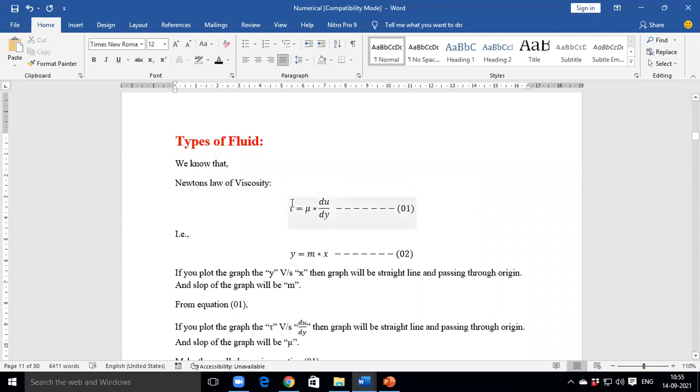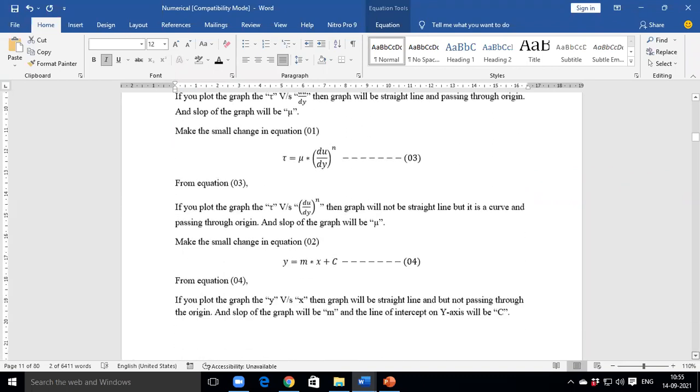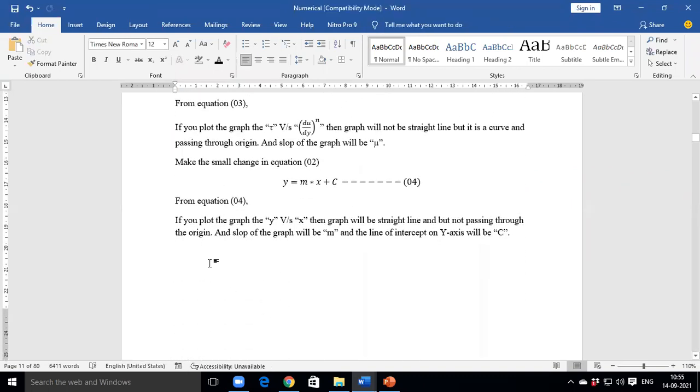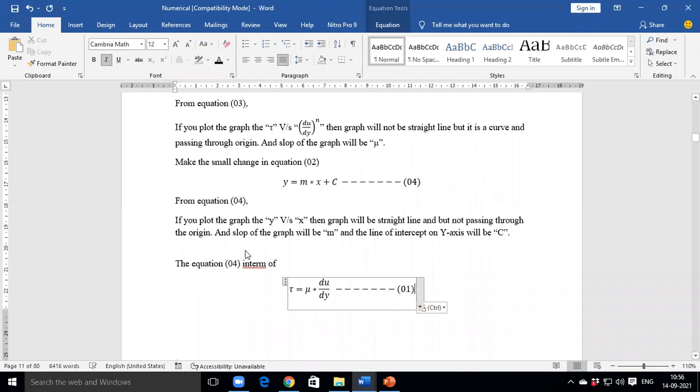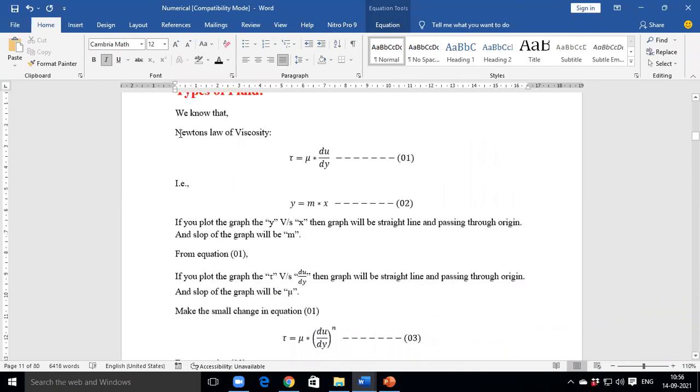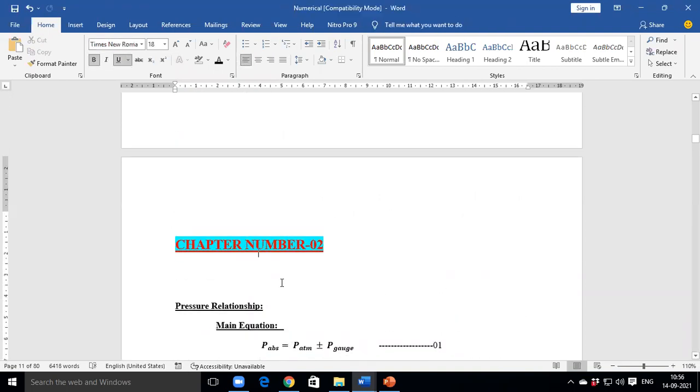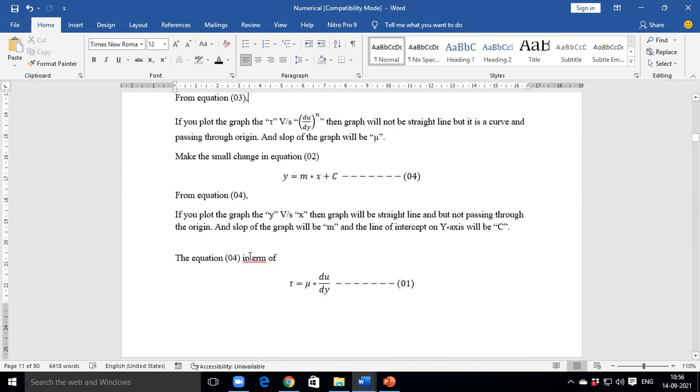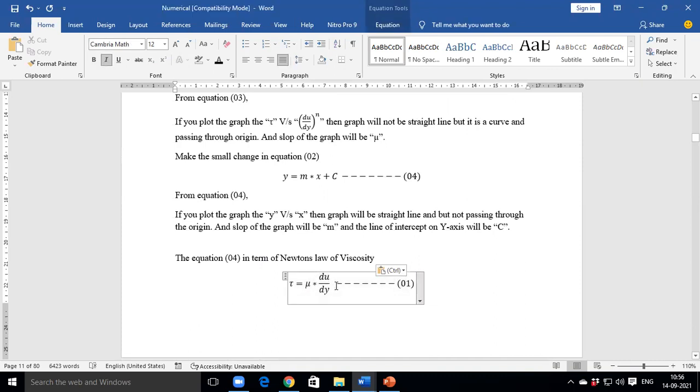Tau equals mu into du by dy plus c. So that equation will be in the form of tau is equal to mu du by dy, and one more additional term, c.